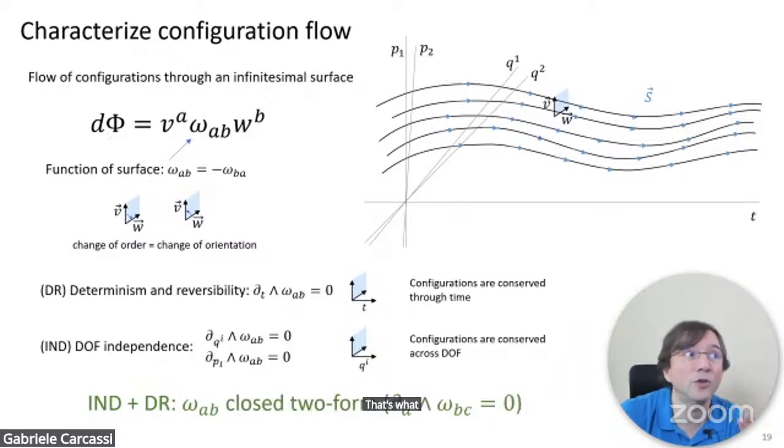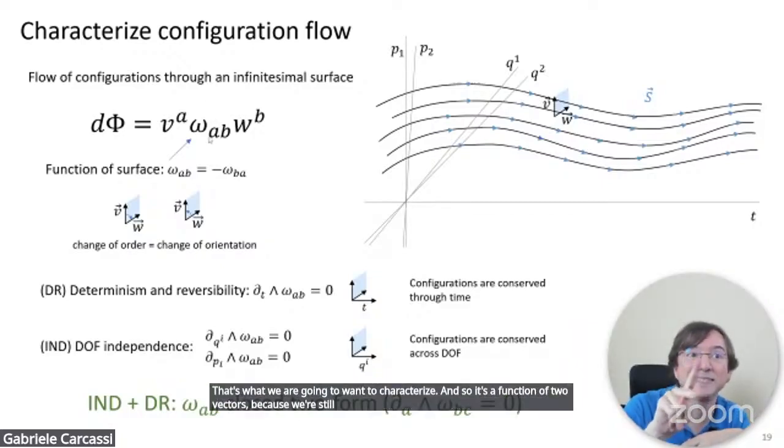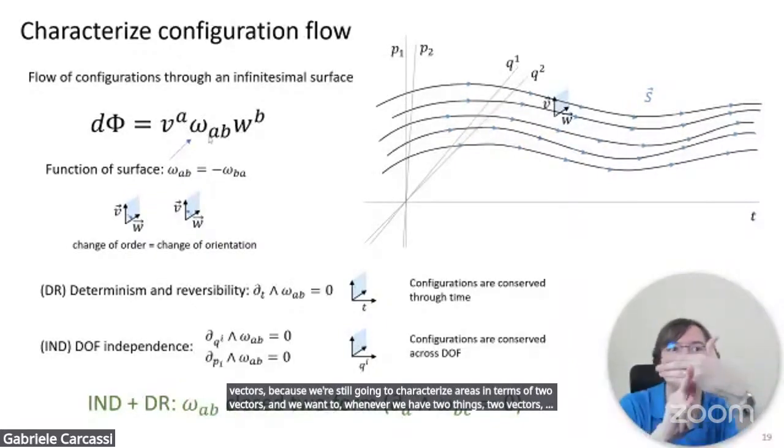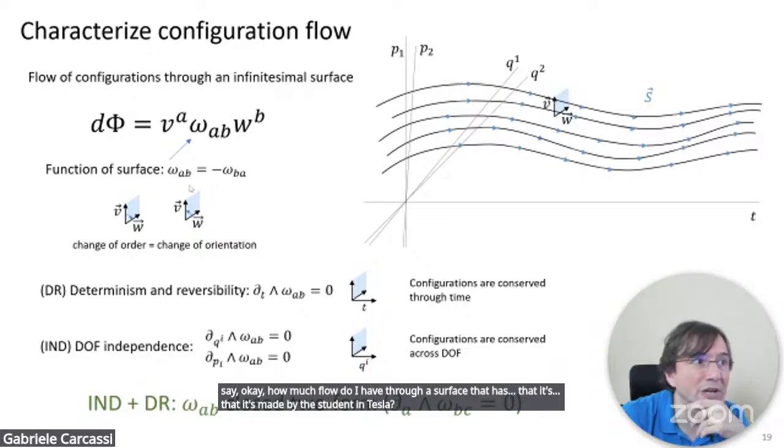That's what we are going to want to characterize. And so it's a function of 2 vectors, because we're still going to characterize areas in terms of 2 vectors. Whenever we have 2 vectors, we want to say, okay, how much flow do I have through a surface that is made by these infinitesimal vectors? So we can do that.